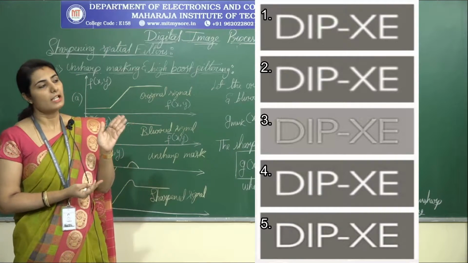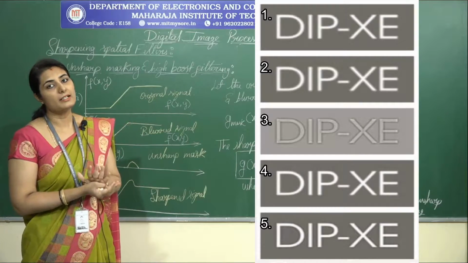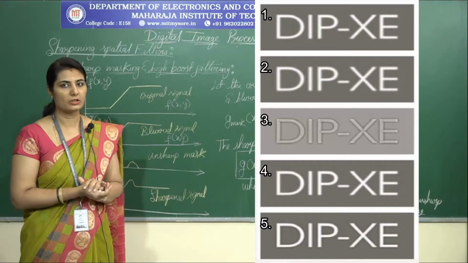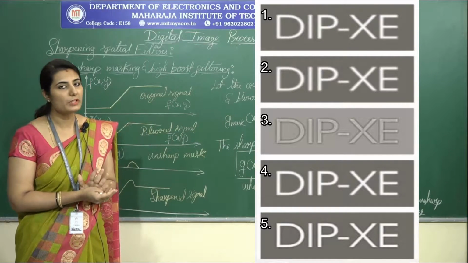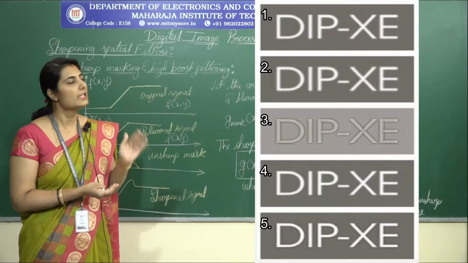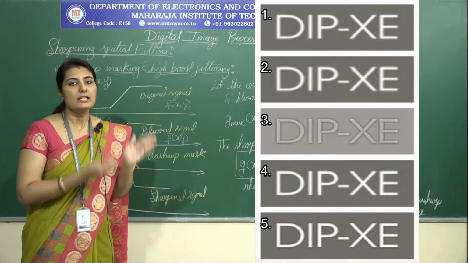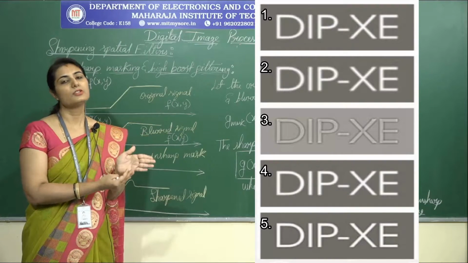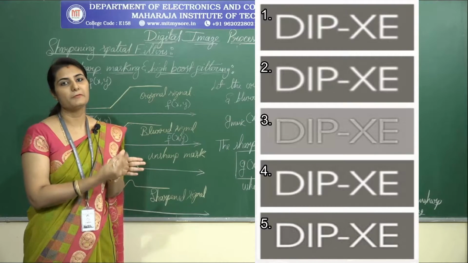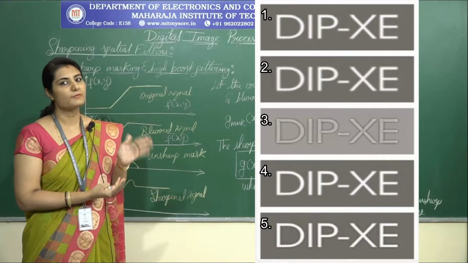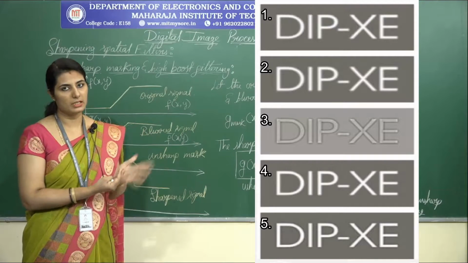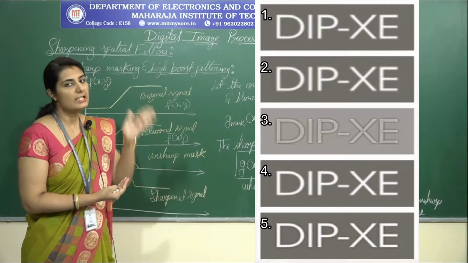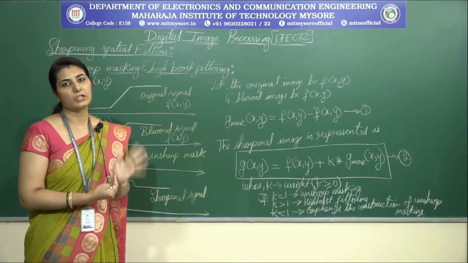The result of unsharp masking when k is equal to 1 is shown in figure 4, and the result of high boost filtering when k is equal to 4.5 is shown in figure 5. So for k equals 1 we have performed unsharp masking, and for k equals 4.5 we have performed high boost filtering. These are the results of this method.